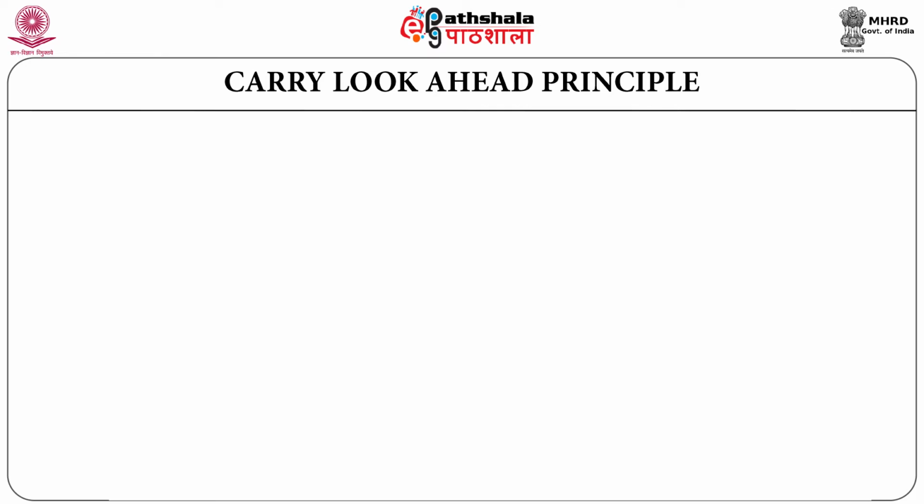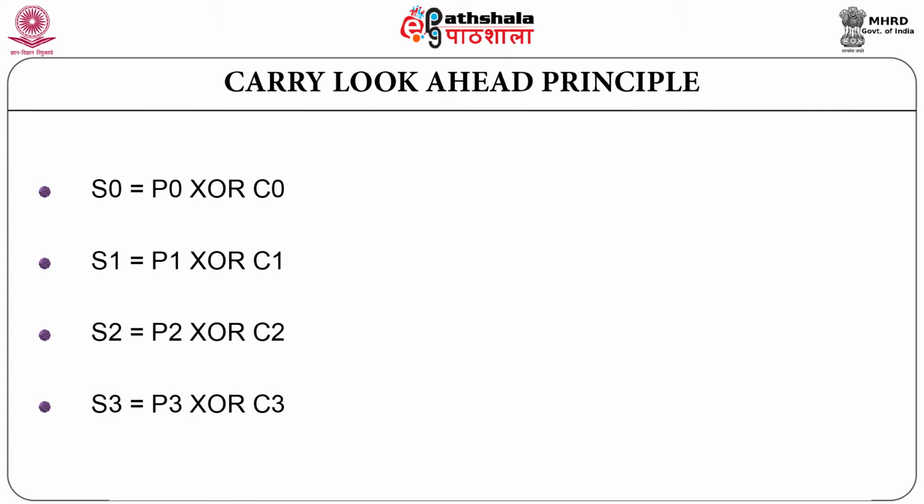Let us see where we will get our addition. The addition will be available at the 4 bits S0, S1, S2, S3, and the expressions for them are basically exclusive OR expressions. So, by using 4 exclusive OR gates, we can obtain the 4 outputs which are S0, S1, S2 and S3, and they basically use these carry propagate and carry generate bits.